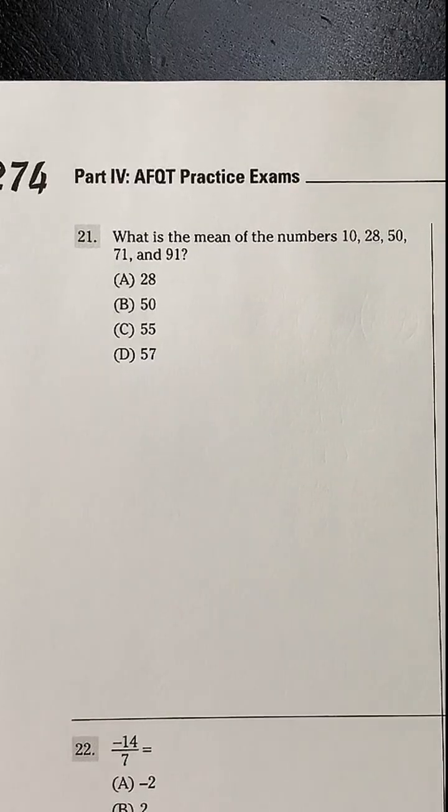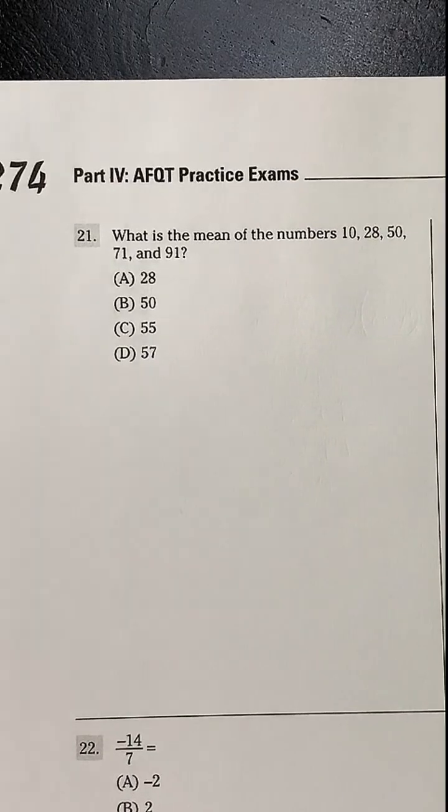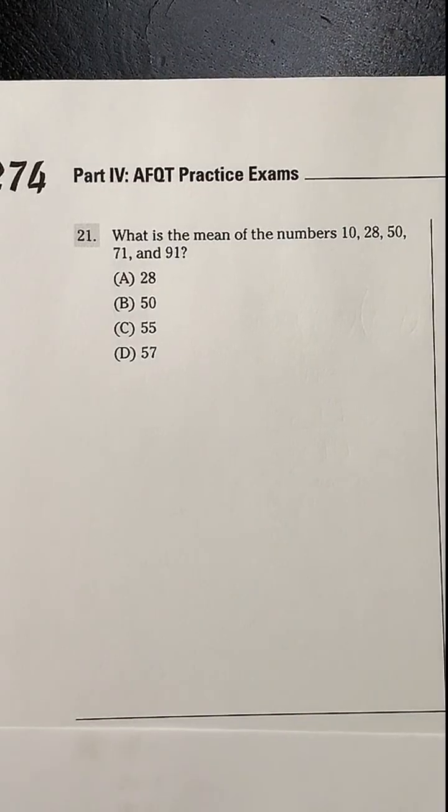We could probably kill 2 birds with 1 stone, but we'll do it one at a time. What does mean mean? Mean is your average. When you're dealing with your average, you're adding numbers up and dividing by how many numbers you have, or how many numbers in the data set.